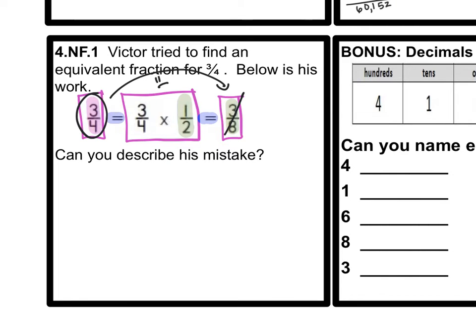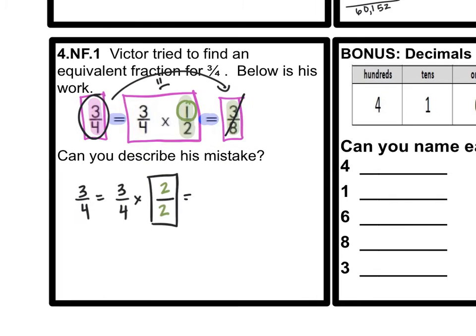If he had done it correctly, he would have done 3/4 is the same thing as 3/4 times by, and we have to do same number over same number to show that it's equivalent or equal to 1. So he could have done 2/2. His mistake is that he did 1/2 up here. Okay, so 2/2 equals, and now it's not going to equal 3/8, it's going to be 4 times 2, which is going to be 8.